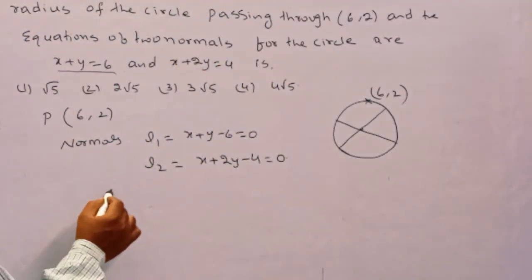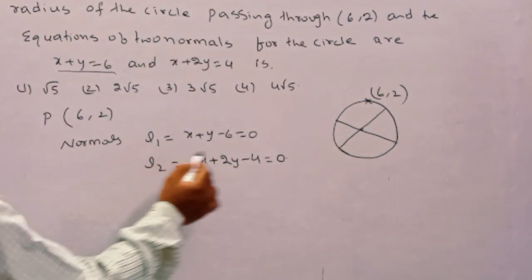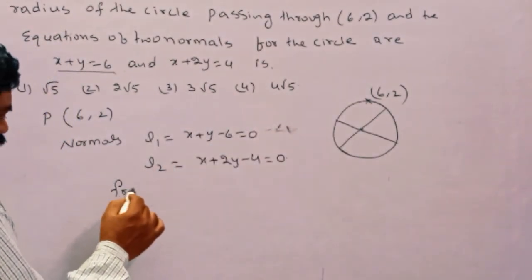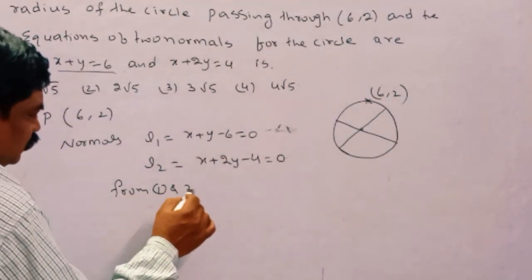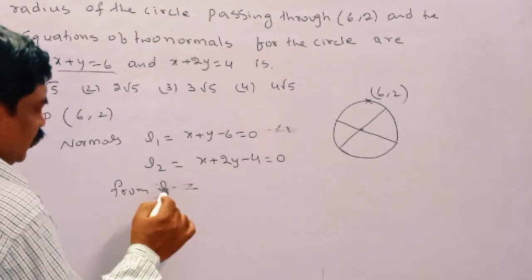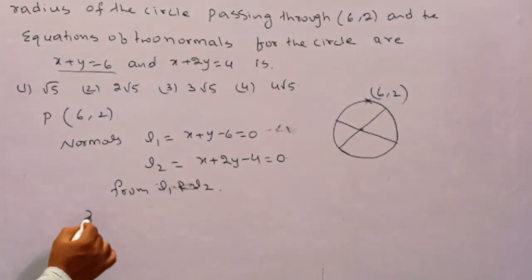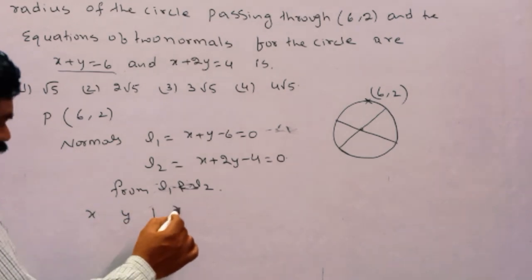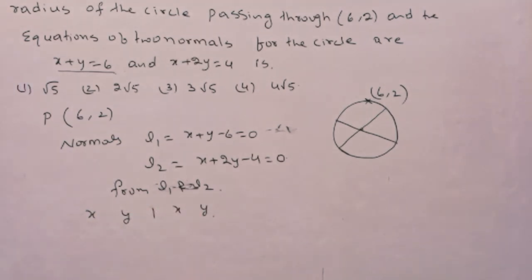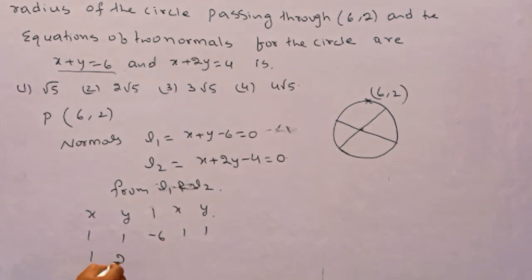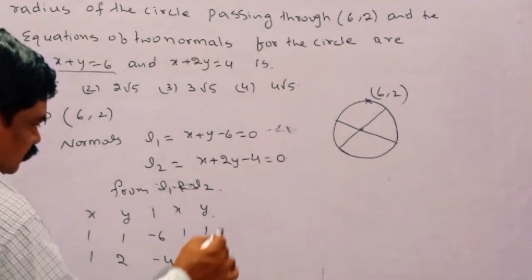So here solving L1 and L2, that is x, y, 1. So this is 1, 1, minus 6, 1, 1, 1, 2, minus 4, 1, 2.